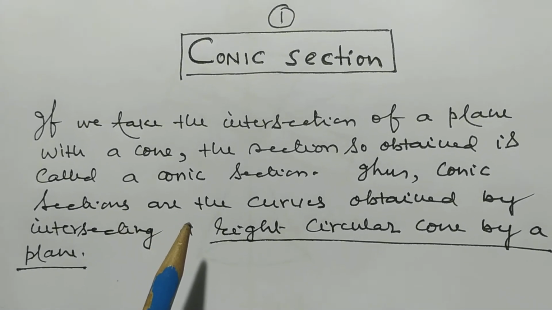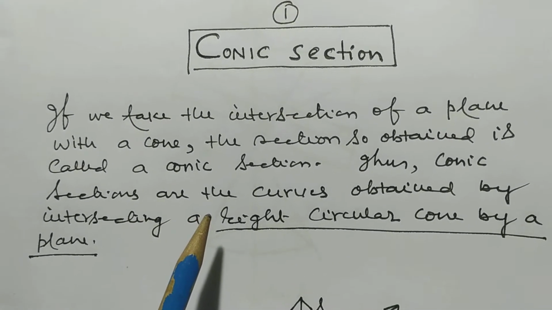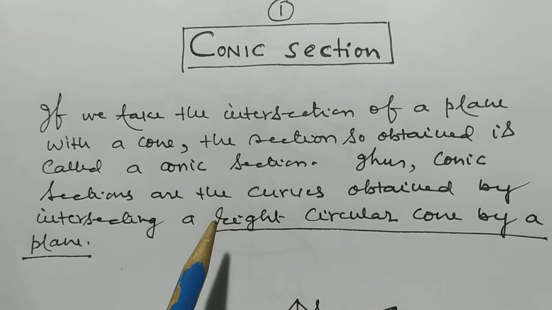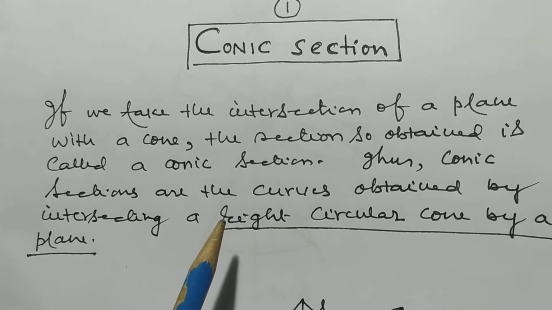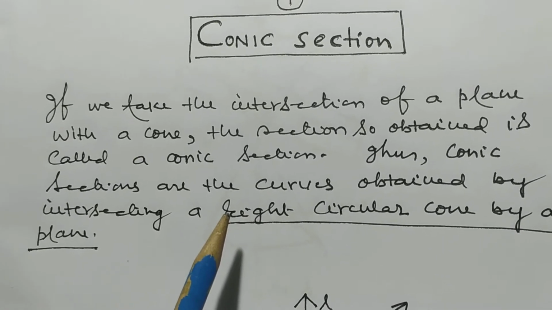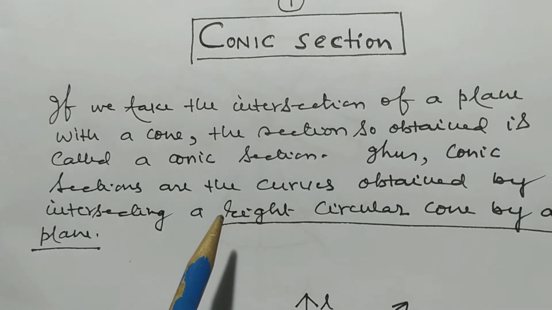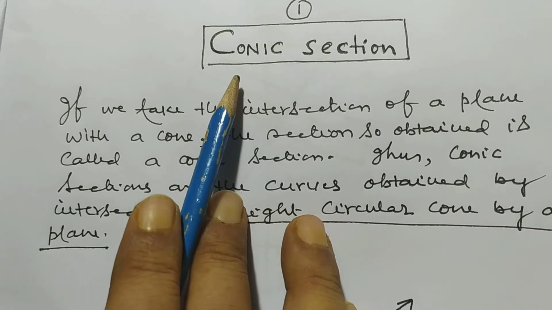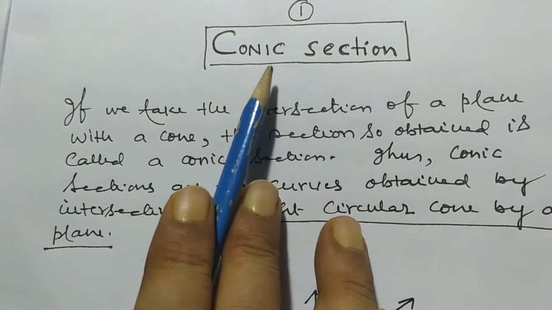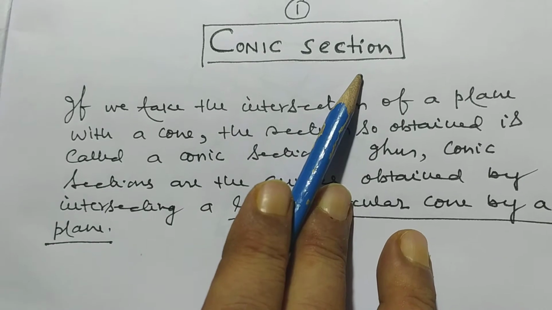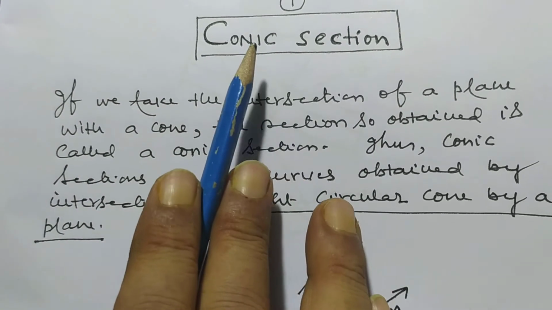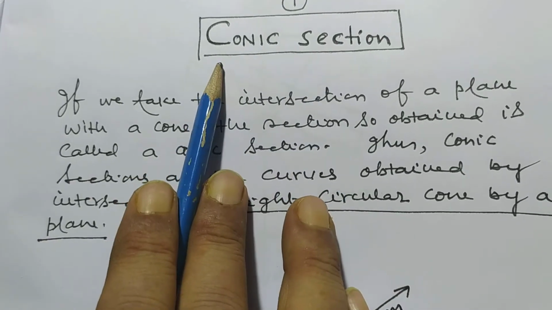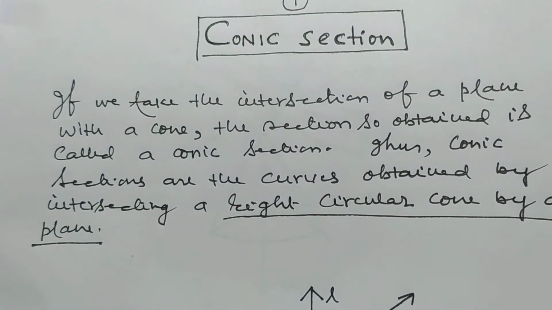My dear students, today I want to discuss the most conceptual part of coordinate geometry, that is conic section. As it is clear from the name of this chapter, conic section is made by a section on a cone by a plane in certain condition.